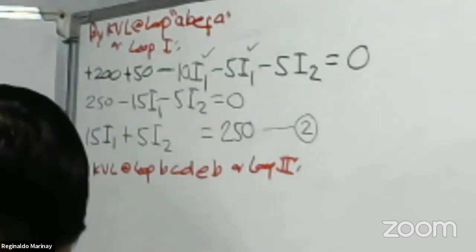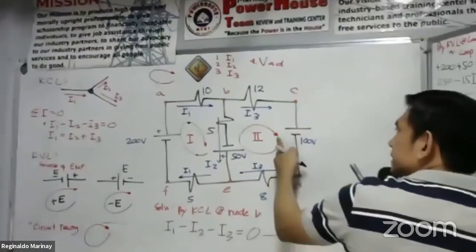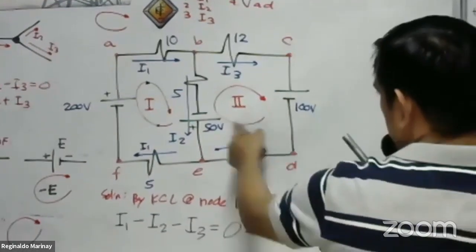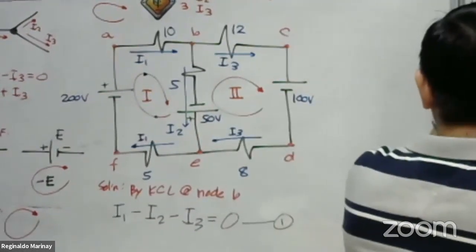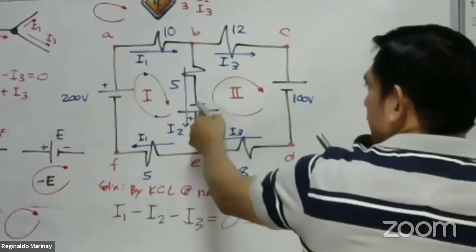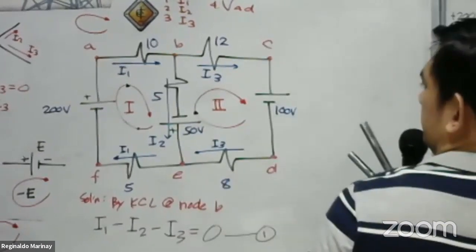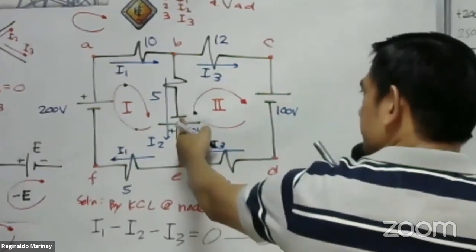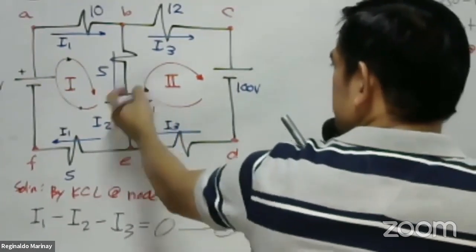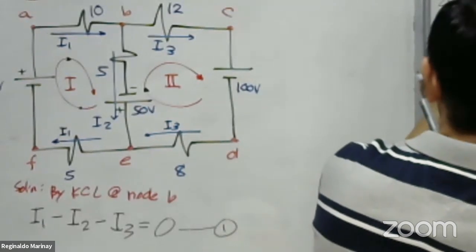Take a look here. It leaves on the negative terminal of 100 volts. So therefore, it is negative 100. It leaves on the negative terminal of the 50 volts here. So when it leaves on the negative terminal, that is negative.